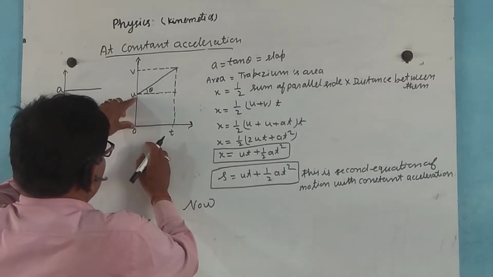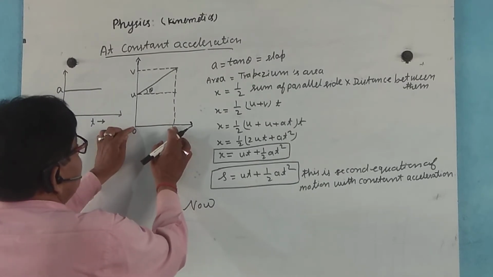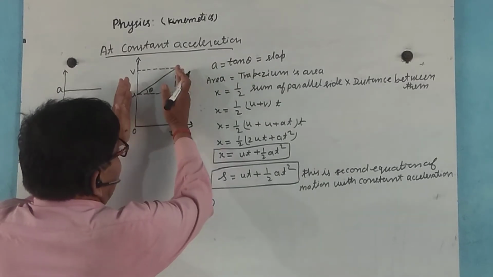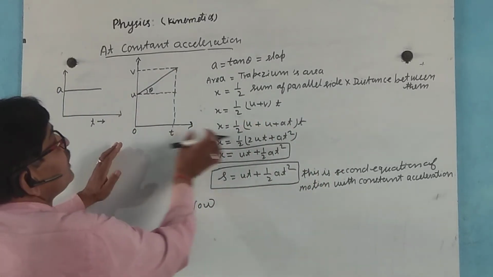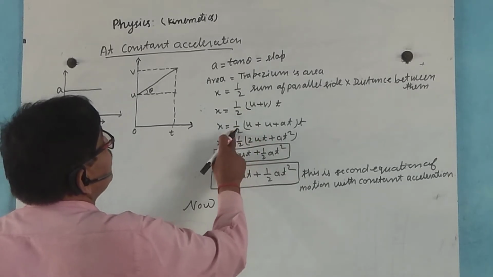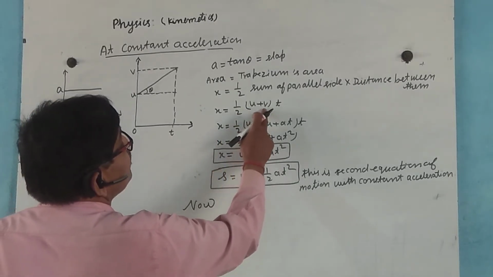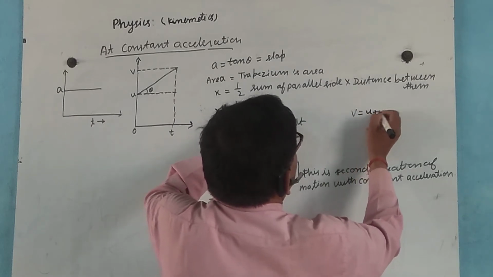This is u and this is v, and the distance between them is t, so the sum of the parallel sides is u plus v, and the distance between them is t, so 1 by 2 times (u plus v) times t, putting v is equal to u plus at.